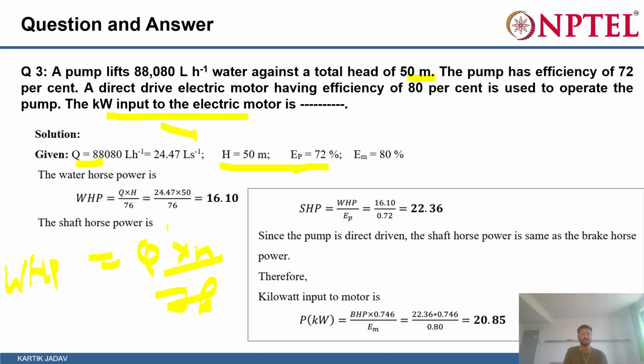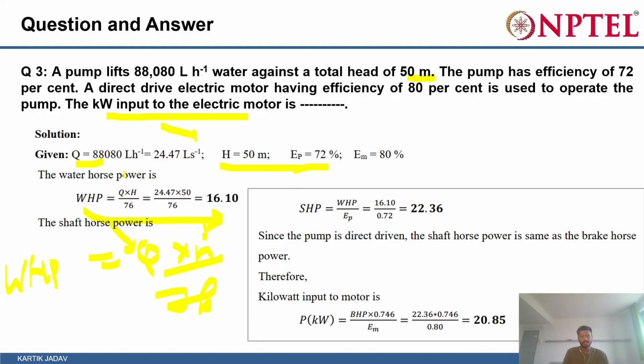If you want water horsepower in horsepower unit, discharge must be in liter per second, head in meter, and 76 is just a conversion. So we'll get water horsepower as 16.10 horsepower.